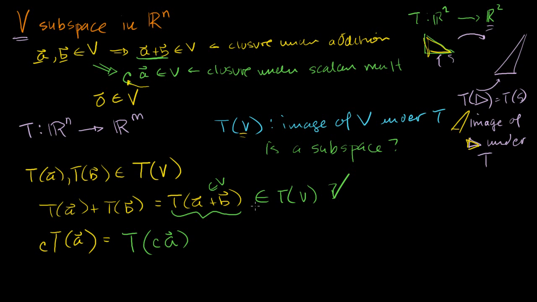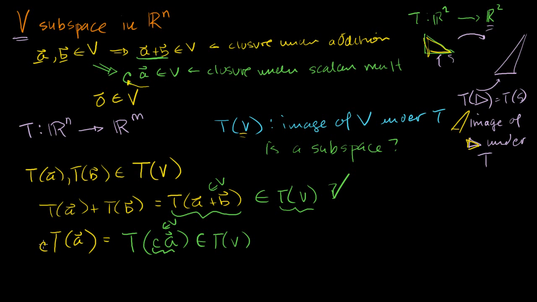Now, is this going to be a member of our image of V under T? Well, we know that CA is definitely in V, right? That's from the definition of a subspace. And so if this is in V, the transformation of this has to be in V's image under T.